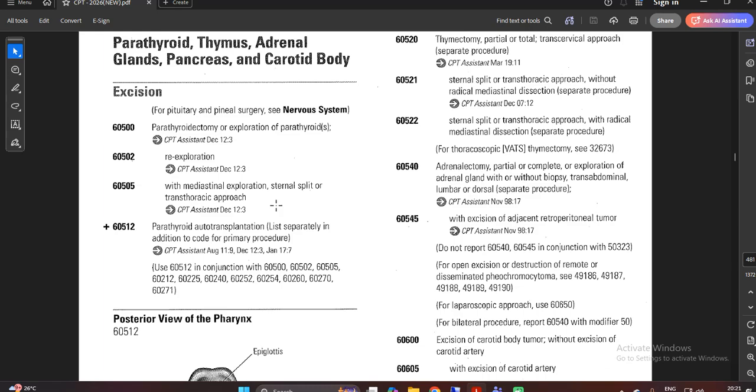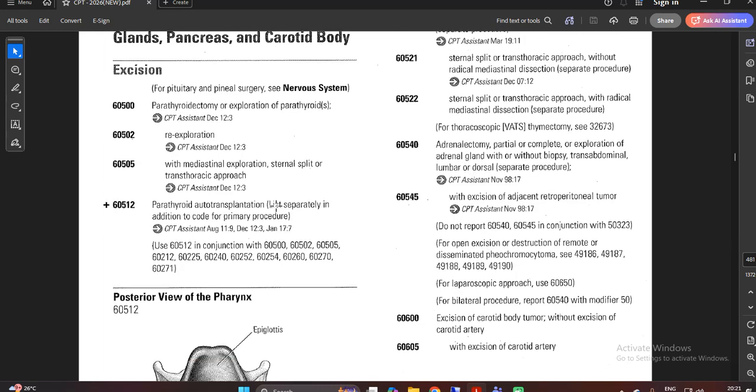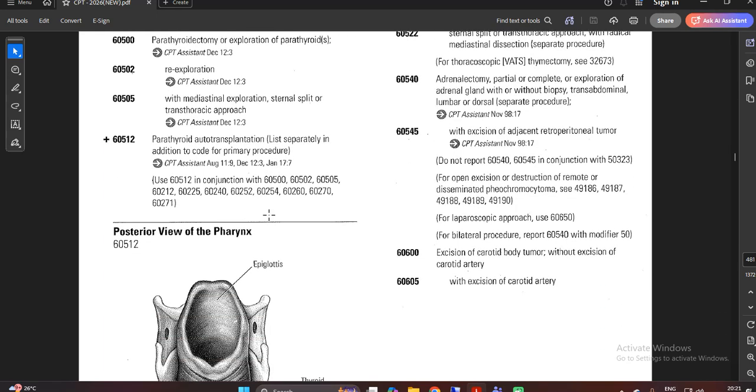That is the thing you need to remember. Okay. Next we have 60512. This is the add-on code. So parathyroid autotransplantation. As it is an add-on code, you need to use it along with these procedures only. You can't use it along with other procedures.